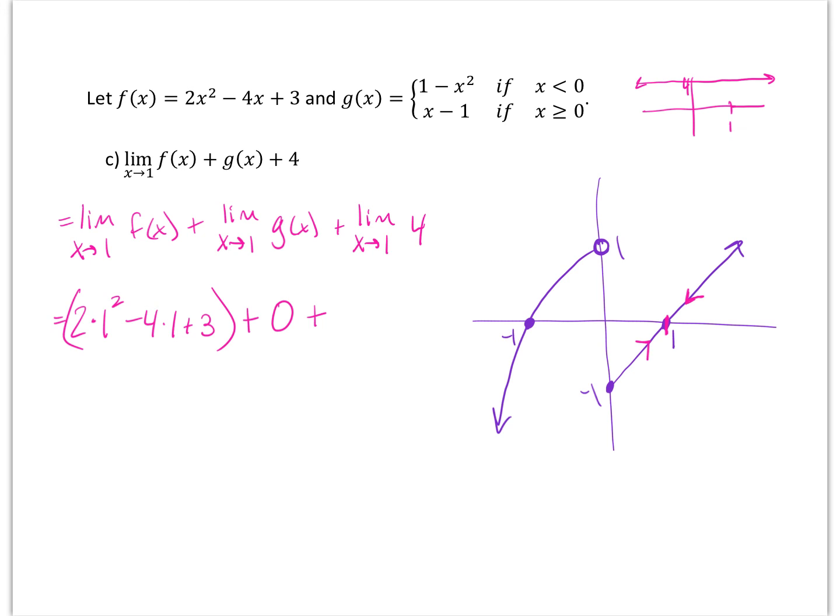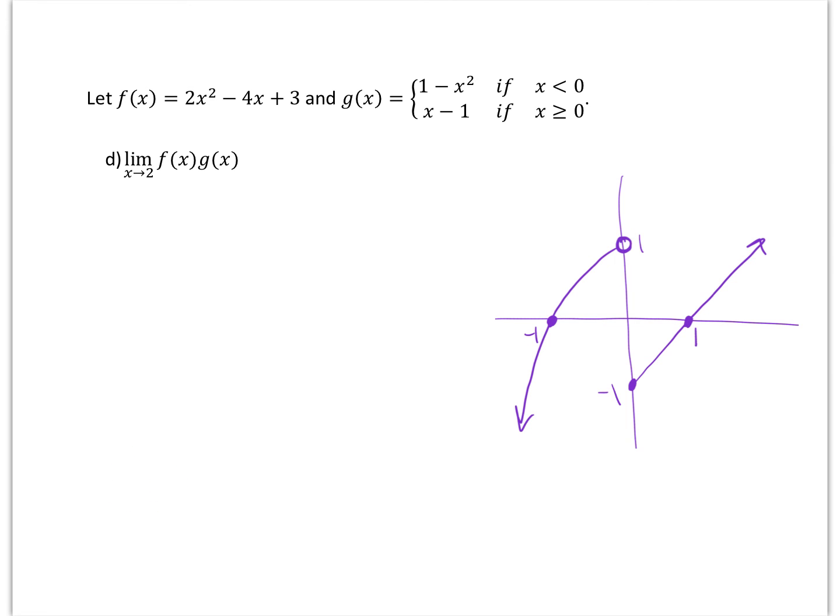And as x approaches 1, my ants are marching along the curve towards y equals 4 because the y values are always 4 on a constant function. Okay, so this comes out to 2 minus 4, which is -2 plus 3 is 1 plus 0 plus 4, which is 5.